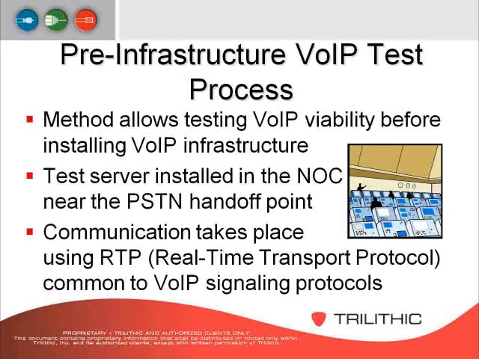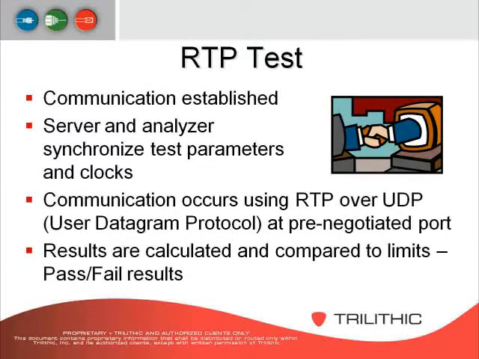And the communication takes place using RTP, the real-time transport protocol, and that's common to voice over IP signaling protocols. So the RTP test. The communication is established, so the meter in the field talks with the server, and then the server and the analyzer synchronize test parameters and clocks.